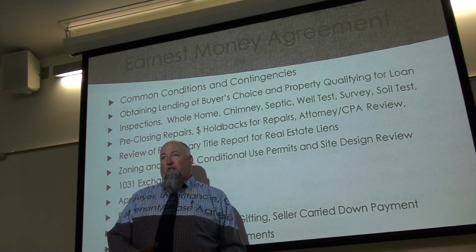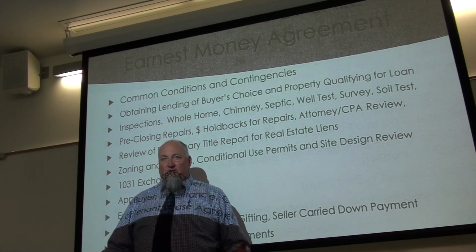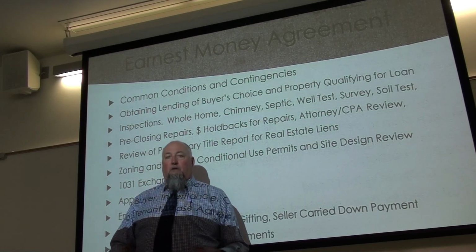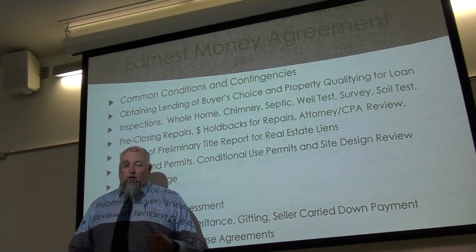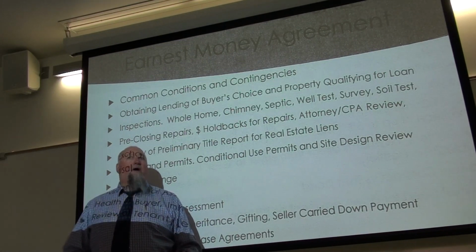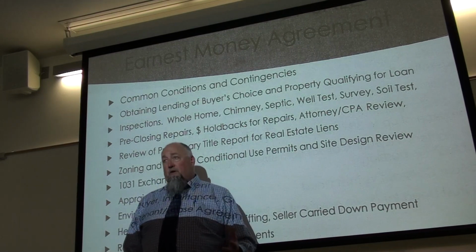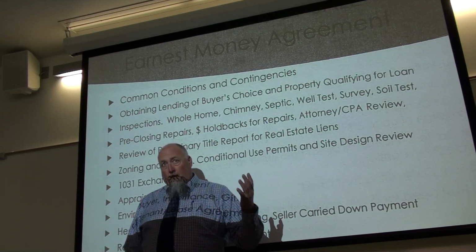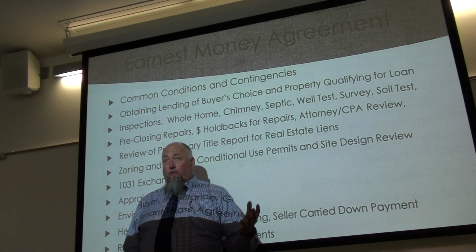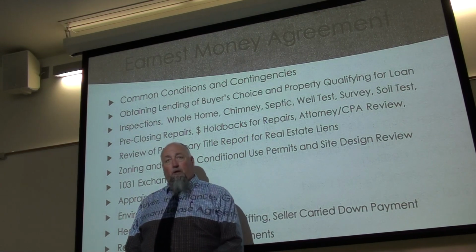And when that inspection report comes out, then a couple things can happen. Number one, if the inspection shows nothing major, I mean, every house has issues, but if there's nothing major, the buyer could just say, well, I'll accept it with those problems. They're not that big a deal. Or, depending on how the earnest money is written, they may negotiate repairs that may be done prior to closing.